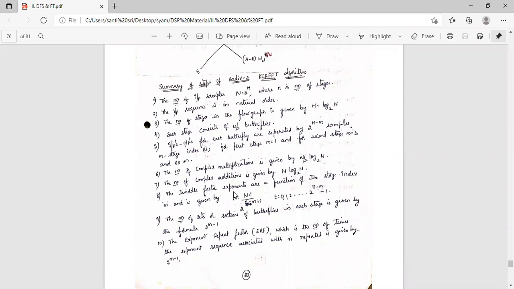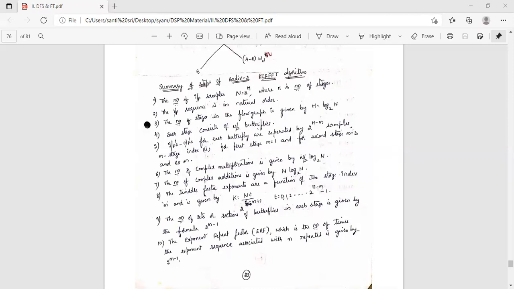Second point: the input sequence is in natural order. The third point: the number of stages in the flow graph is given by M equal to log N to the base 2. And the fourth point: each stage consists of N by 2 butterflies.